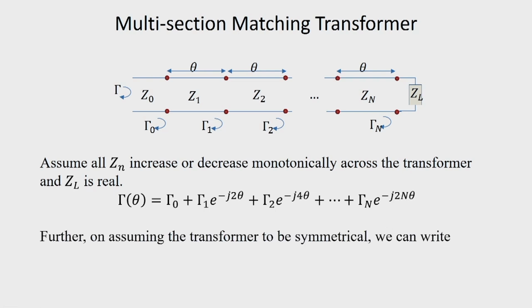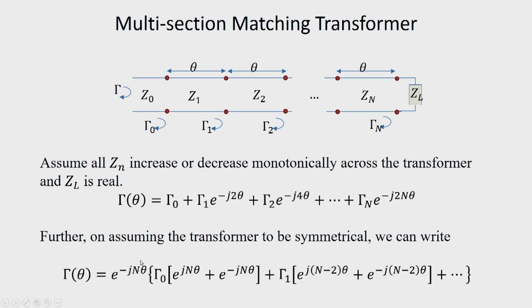Further, we assume that the transformer is symmetrical. That means gamma 0 is equal to gamma N. Please note that the impedances increase or decrease monotonically, but the impedance level, for example, Z1 and Z0, is selected in such a way that gamma 0 becomes equal to gamma N, which is decided by ZL and ZN.